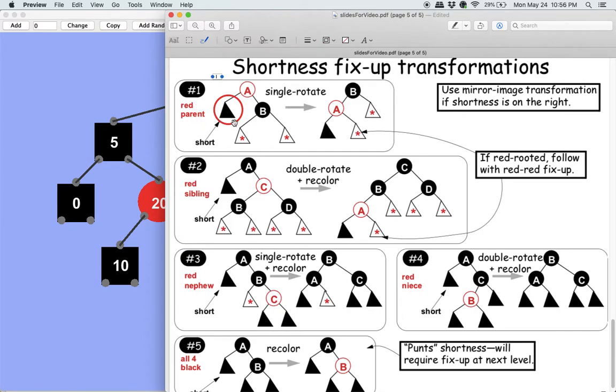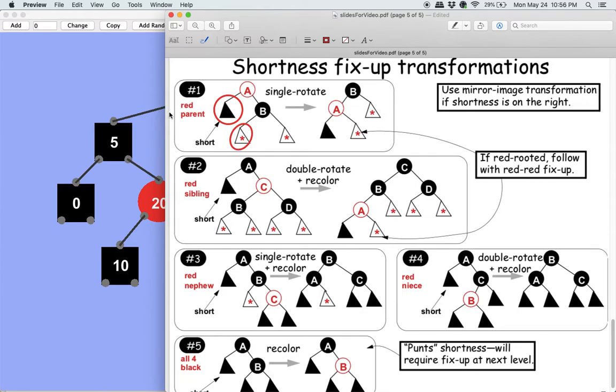The red parent case, all we do is we rotate the sibling over the parent. Colors stay the same. And that fixes this up. The one possible problem we could have is if this subtree is red-rooted, that means that I now have a red-red violation, and so I follow it up by doing a red-red fix-up.